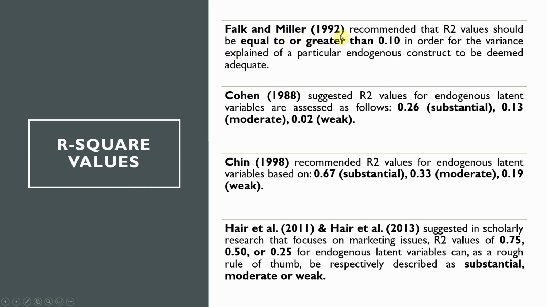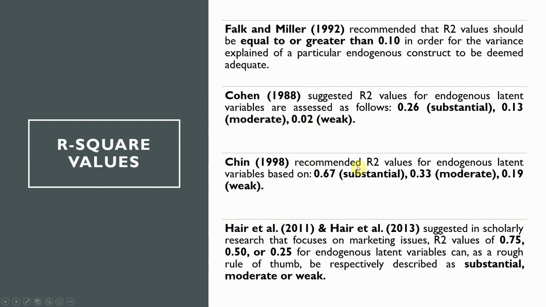According to Falk and Miller, 1992, they recommended the R square value should be equal to or greater than 0.10, that is 10%, in order for the variance explained of a particular endogenous construct to be deemed adequate. Cohen, however, in 1998 suggested three different values: 0.26 for substantial, 0.13 for moderate, and 0.02 for weak.